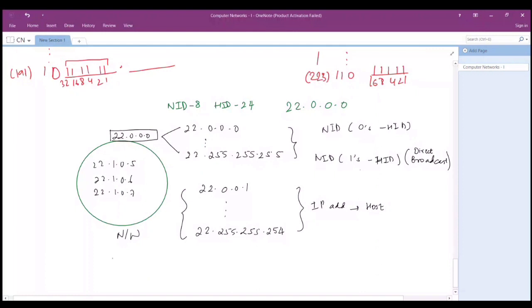So let's say I have an IP address of 12.1.2.3, and I need to send a packet in a direct broadcast manner to the network ID 22.0.0.0. Means that I will be using this as a source address and the destination address would be given as what?